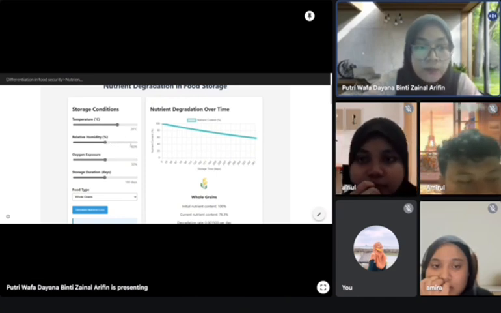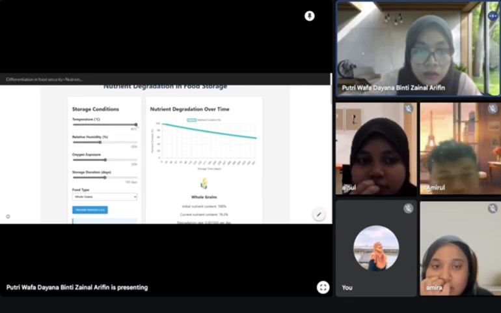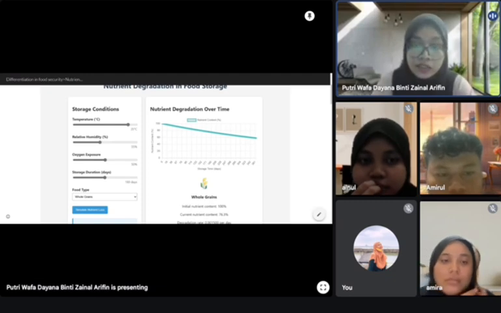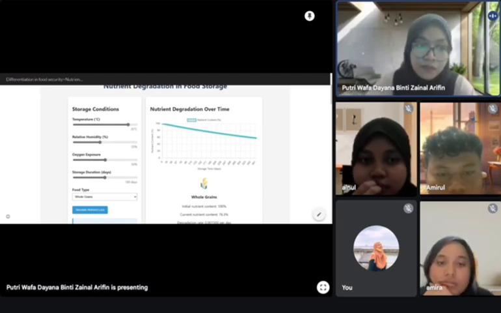For example, if I set the temperature to 35, the graph shows the nutrients break down much faster. So this hands-on tool helps kinesthetic learners understand the concept through exploration.